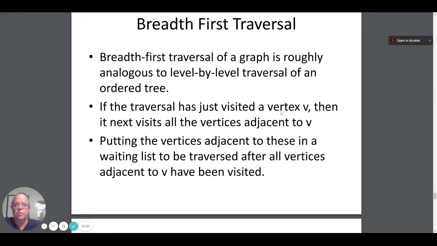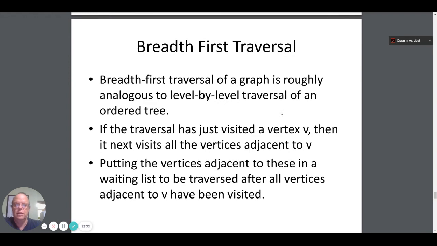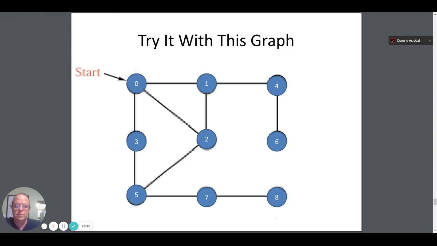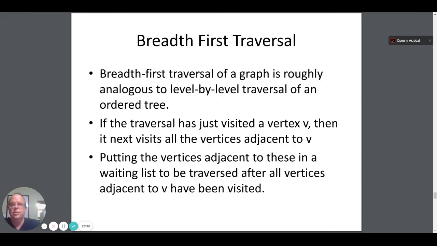So that's depth first, and then breadth first is roughly analogous to level by level traversal of an ordered tree. If the traversal just visited vertex V, then it visits all the vertices that are adjacent to V. So it'll produce a slightly different order with our graph.